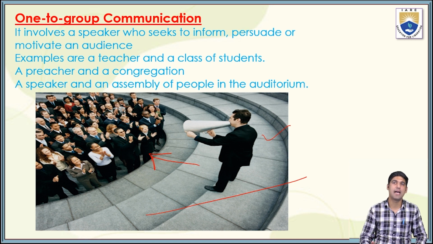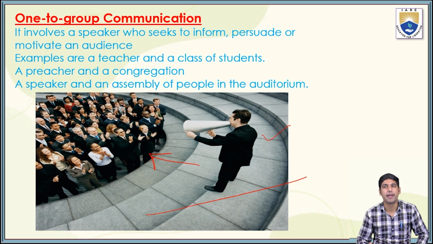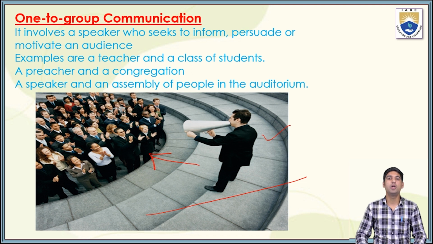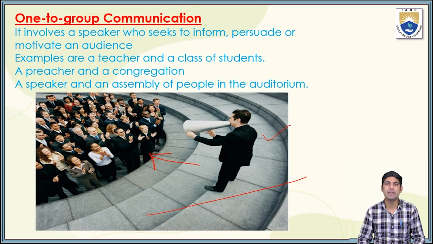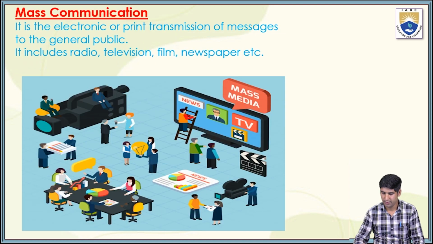Examples are a teacher and a class of students. Like I am right now informing you, giving you some information. It's one-to-group communication. Also a preacher and a congregation, delivering lectures, speeches, sermons, or a speaker and an assembly of people in the auditorium.